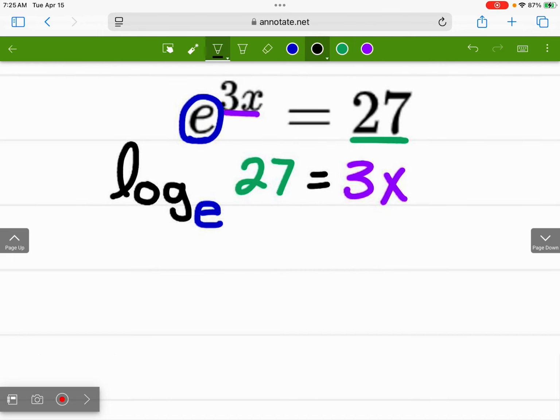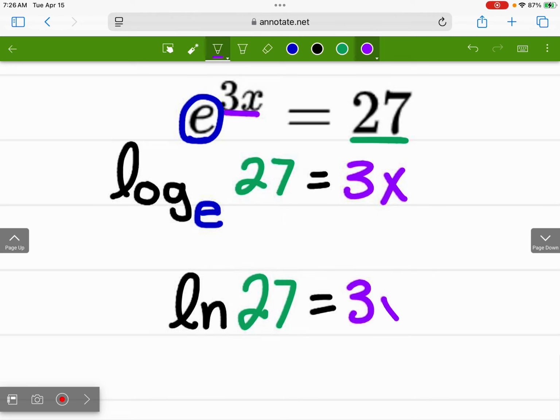That's the exact same thing as ln of 27 equals 3x. That log base e is the same thing as ln. They mean the exact same thing. The benefit of having that is ln's a button on the calculator. So ln of 27 is something we can type in.